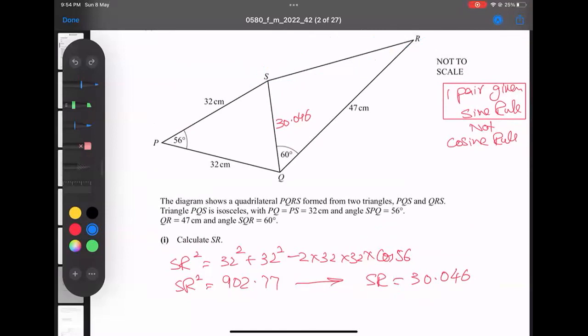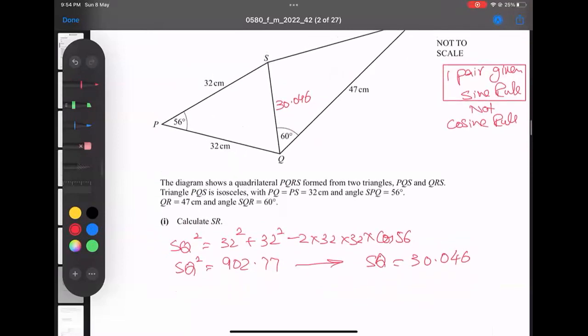So first we have SQ, sorry, this is not SR, sorry. First I got SQ. Now I'm going to find SR. Have a look now how to get SR square: it is equal to one side, second side.